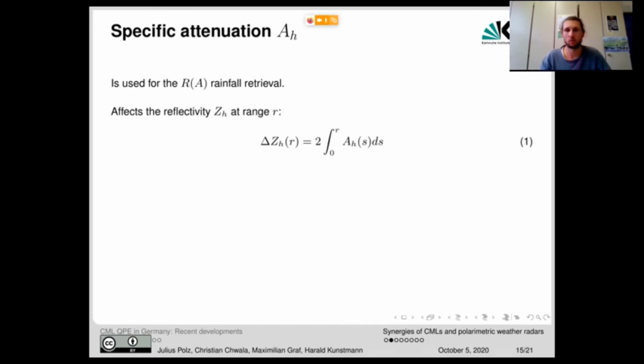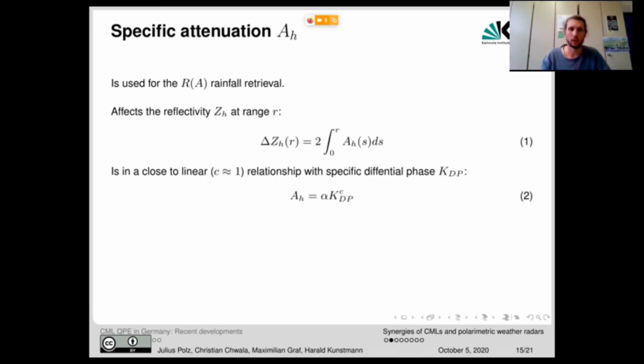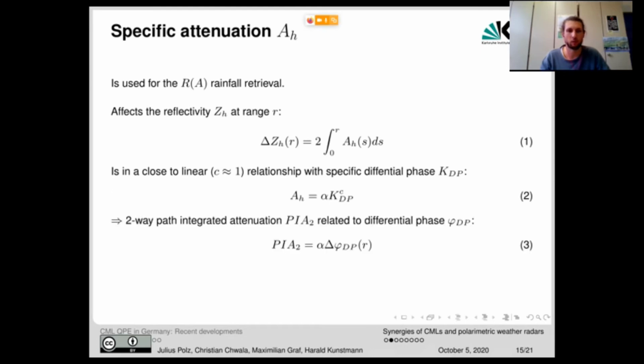Specific attenuation for polarimetric weather radars can be used for rainfall retrieval using the R(A) algorithm, and it strongly affects the reflectivity at a range R by this formula. It's in a close to linear relationship with the specific differential phase, and this is a bit fast forward. Therefore, it can also be related to the two-way path integrated attenuation via this factor alpha.